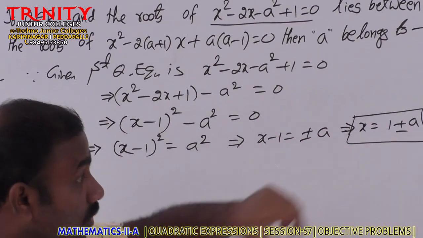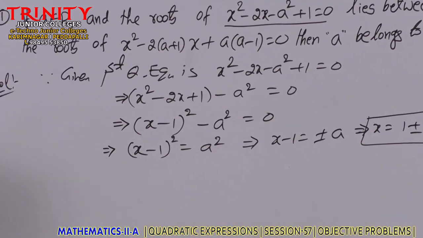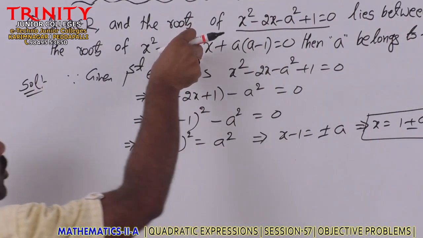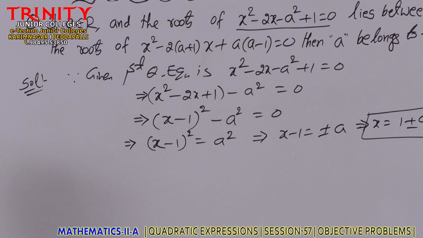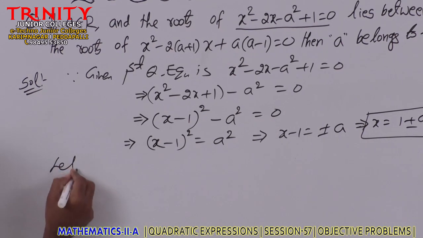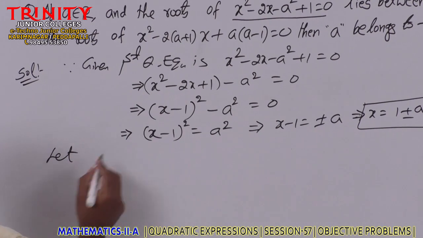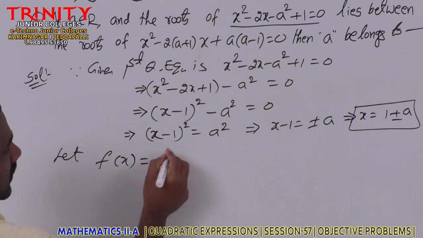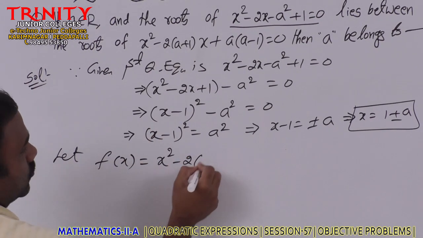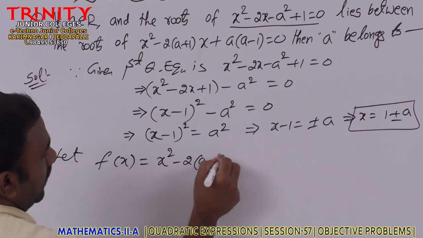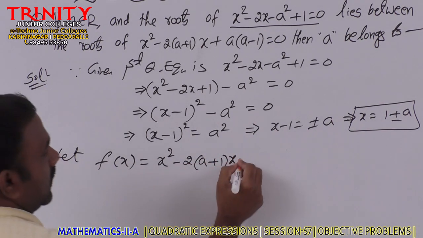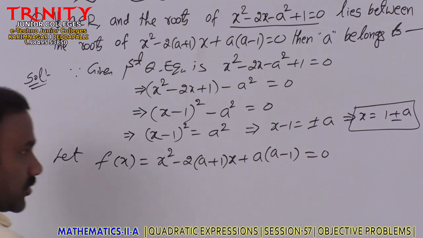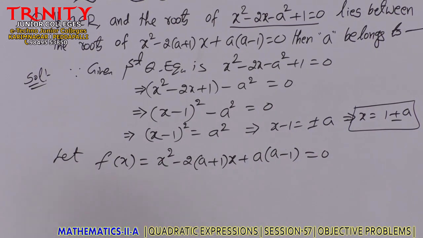Now, the roots of this quadratic equation lie between the roots of the other quadratic equation. Let us take the second quadratic equation as f of x is equal to x square minus 2 of a plus 1 into x plus a of a minus 1 is equal to 0.